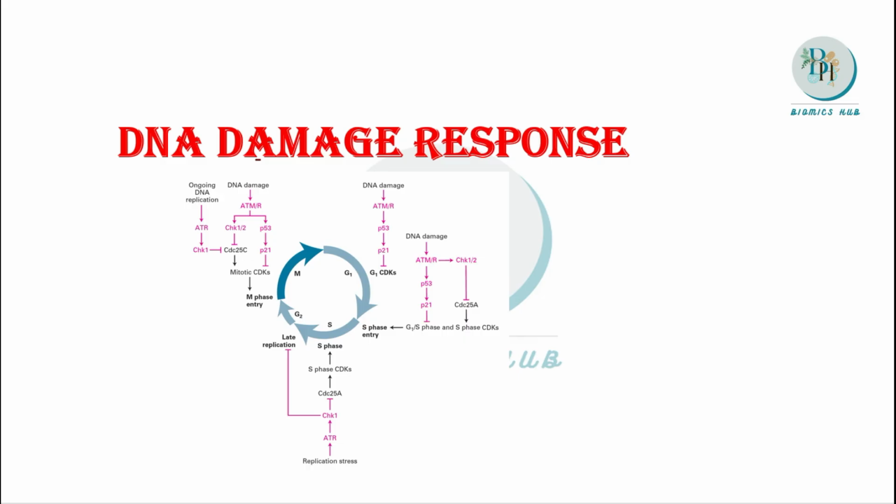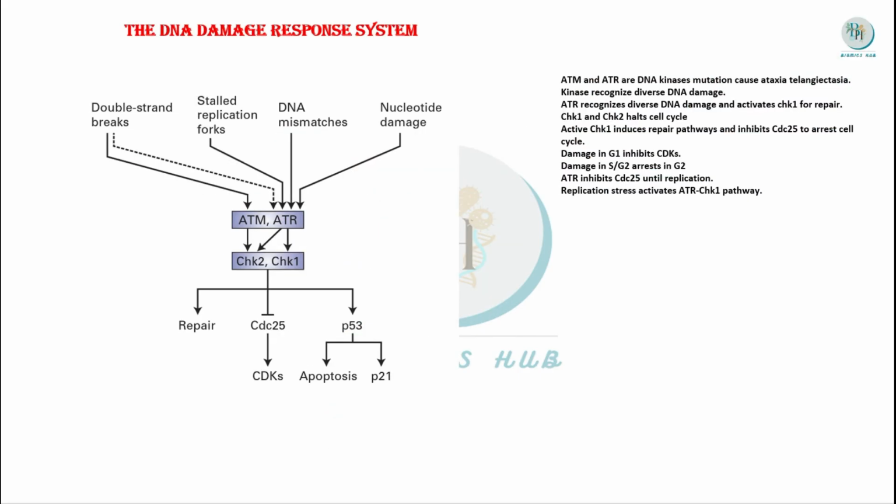In the last video, we already discussed cell cycle regulation as well as the G1 S phase transition. Now, let's see how the cell responds when the DNA is damaged. When there is a double-stranded break, or a stalled replication, that means the replication is not taking place, or if there is replication but the DNA has mismatches, or when there is nucleotide damage, it activates kinases like ATM as well as ATR.